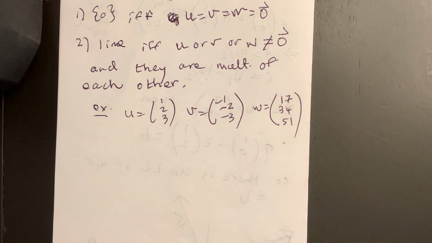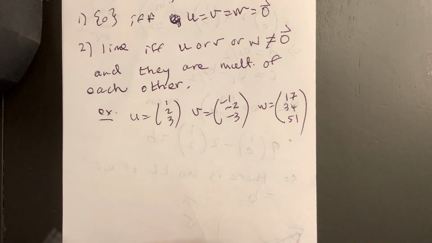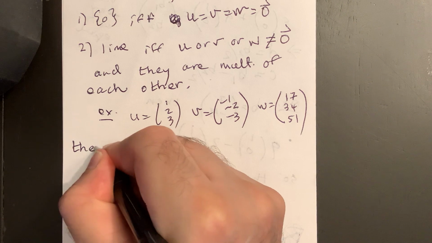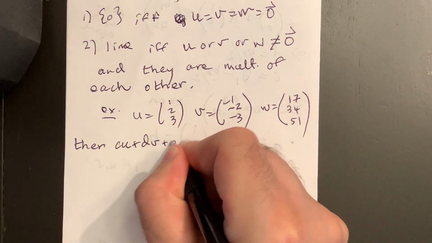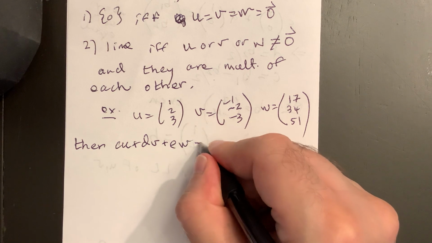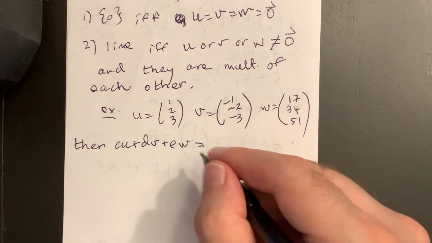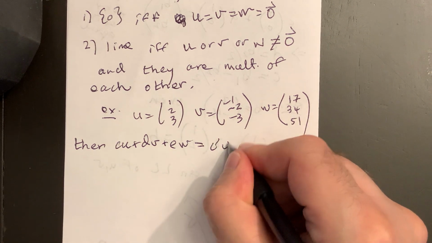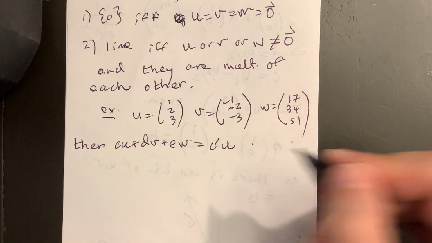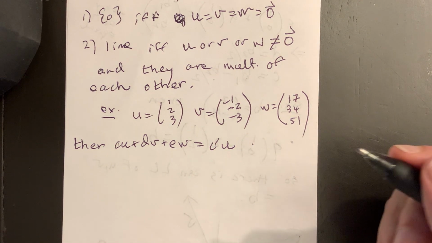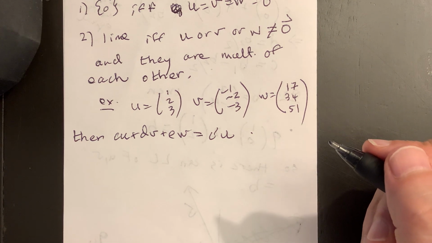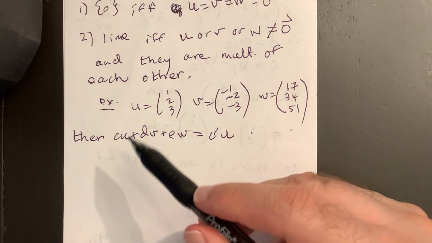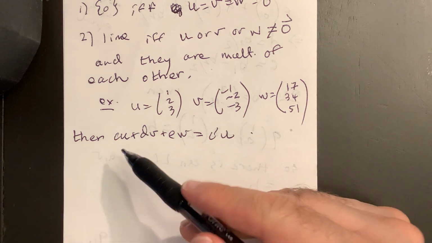So any linear combination cu plus dv plus ew can be written as some, say, c prime u. In fact, you could even figure out what c prime is based on these, right?